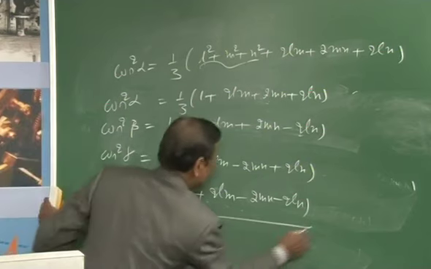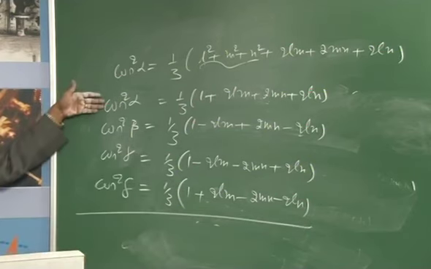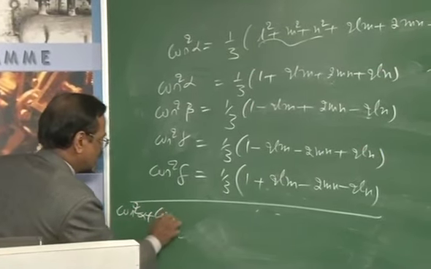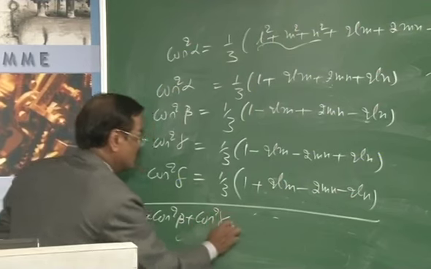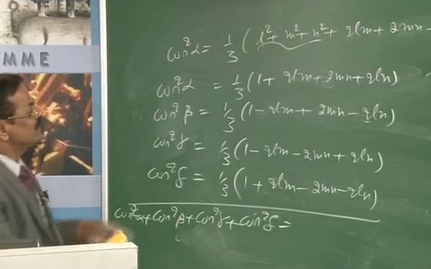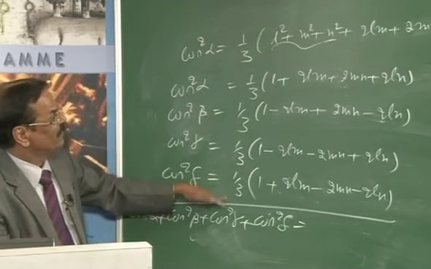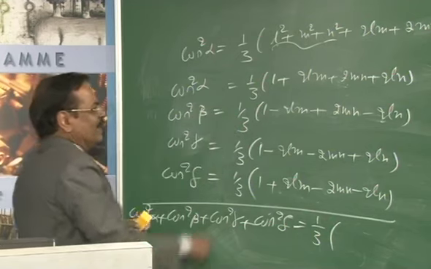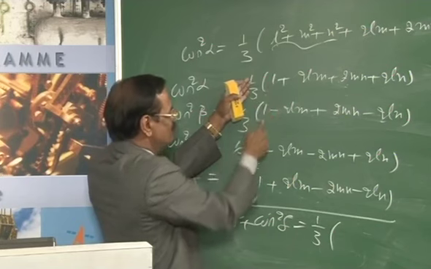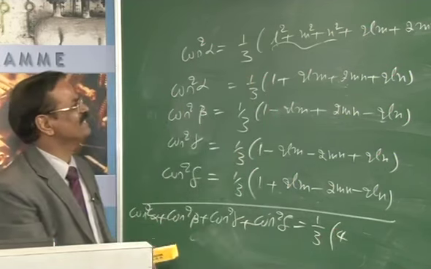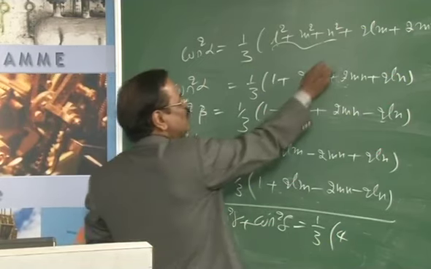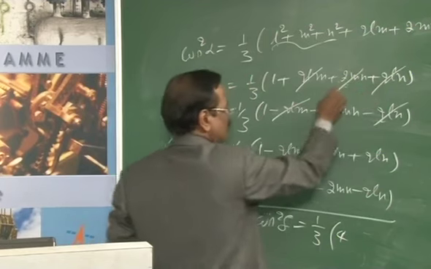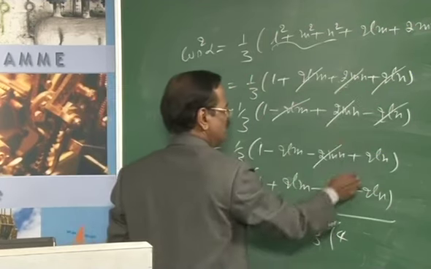Now, you have to add all the 4 results. Cos squared alpha plus cos squared beta plus cos squared gamma plus cos squared delta is equal to, keeping 1 by 3 common because you are adding, 1 plus 1 plus 1 plus 1, that is 4, and in the remaining, 2 Lm minus 2 Lm cancels, plus 2 Ln minus 2 Ln cancels, plus 2 Mn minus 2 Mn cancels.